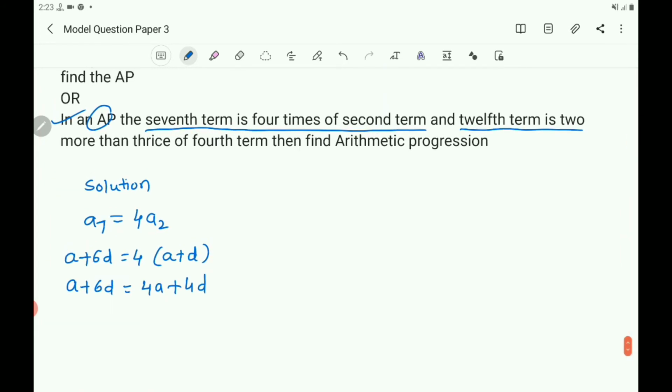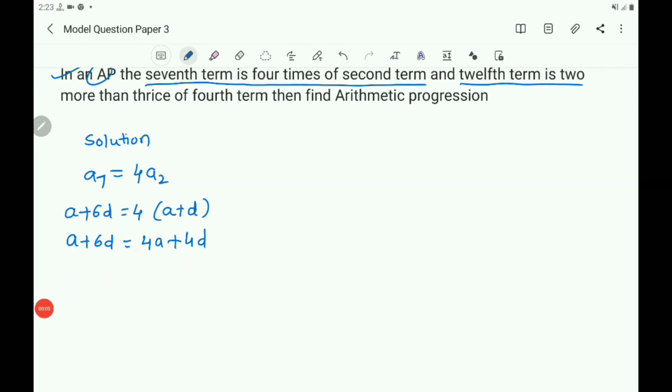Then here you transfer A to the LHS or D to the LHS, A to the RHS, because 4A is greater here, D is greater here.